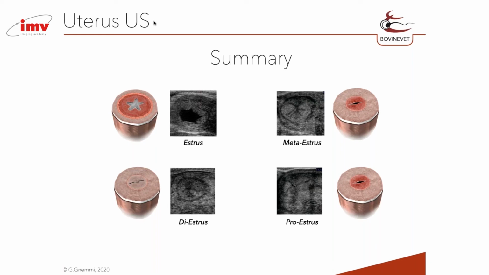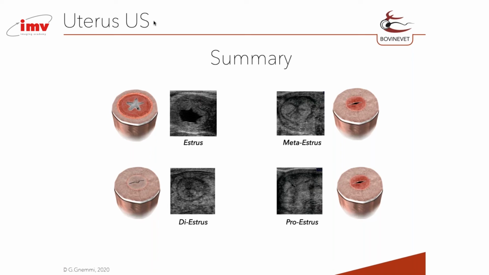During the luteal phase, metestrus and diestrus, the estrogen level decreases and the progesterone level increases. This means that the myometrium stops being contracted, its thickness increases, and it becomes less echogenic, so it reflects less ultrasound and in part absorbs ultrasound, so it becomes more gray.